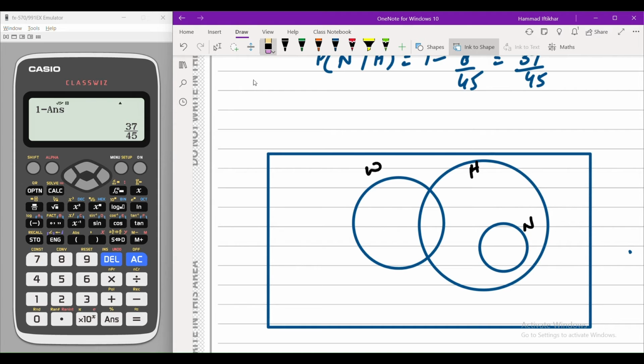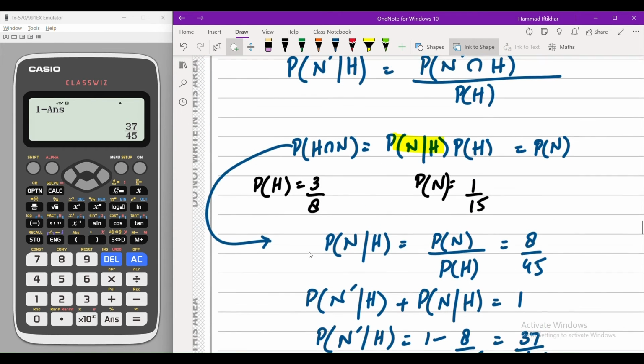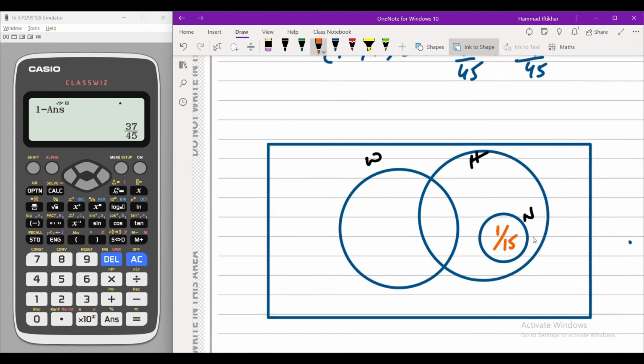Now we need the probabilities. Probability of N was 1 by 15.